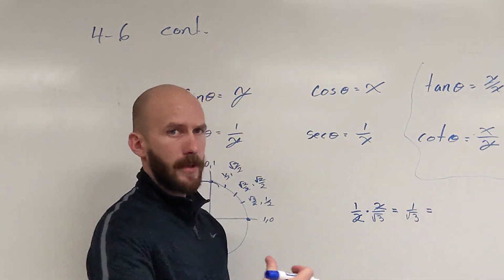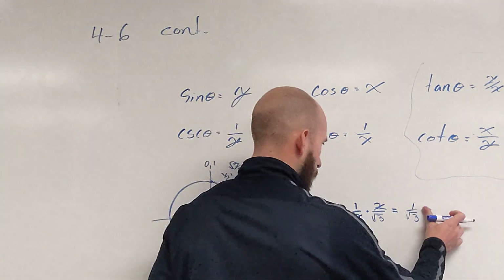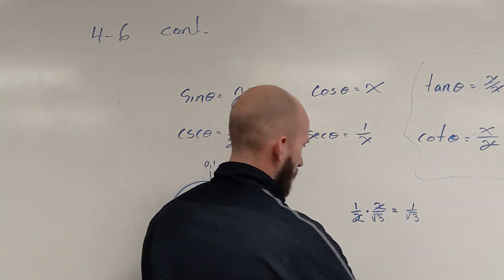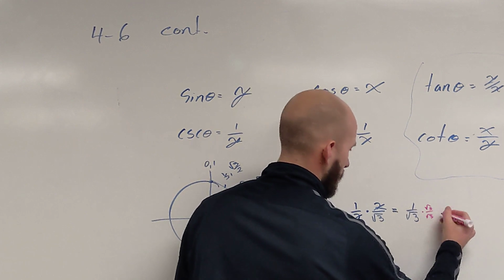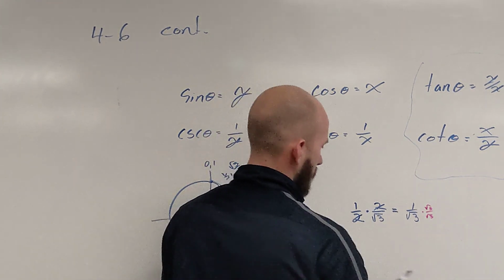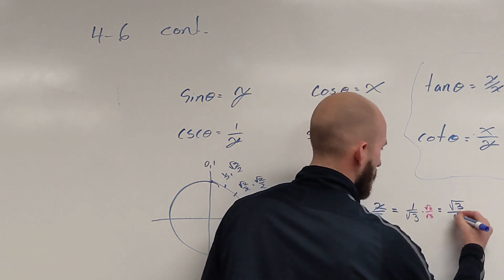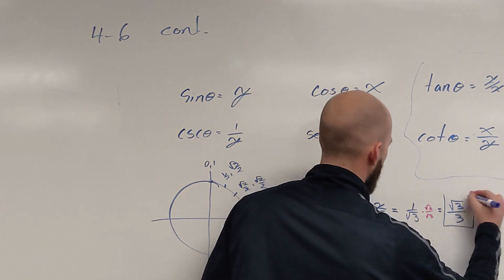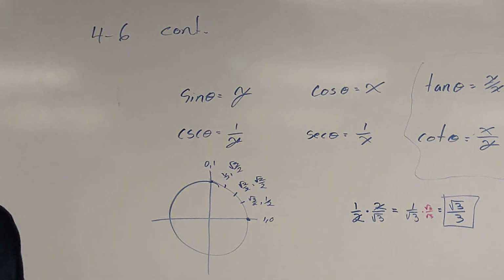Do you guys remember how to do that? Multiply by the square root. Yeah, so I multiply both top and bottom by the square root of 3. And I end up with square root of 3 over 3. Okay.